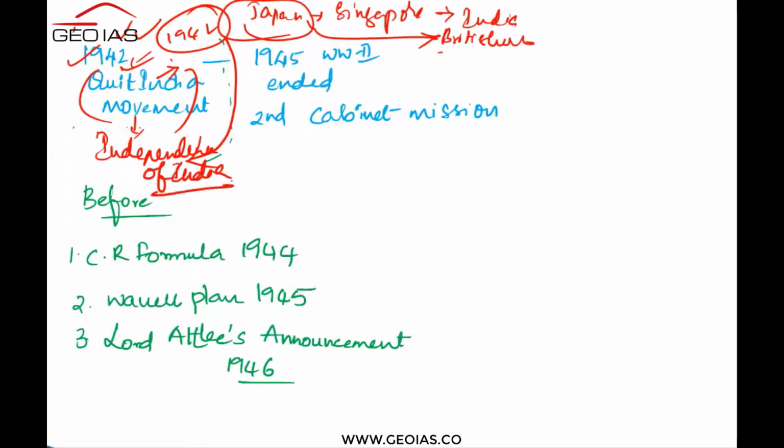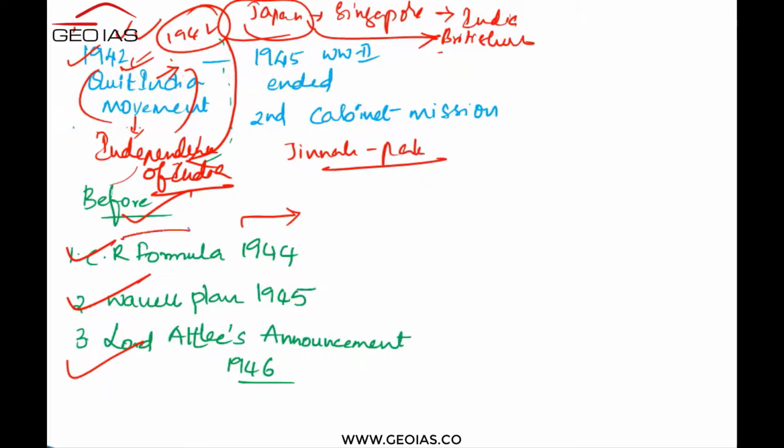Therefore, before that we have these three: the CR formula, the Wavell plan, and Lord Attlee's announcement. What is the CR formula, the Chittaranjan Das formula? Actually, Jinnah wanted two dominions, or Pakistan. The CR formula was formulated in 1944. He said that the Muslim League would support the Congress demand of complete freedom.